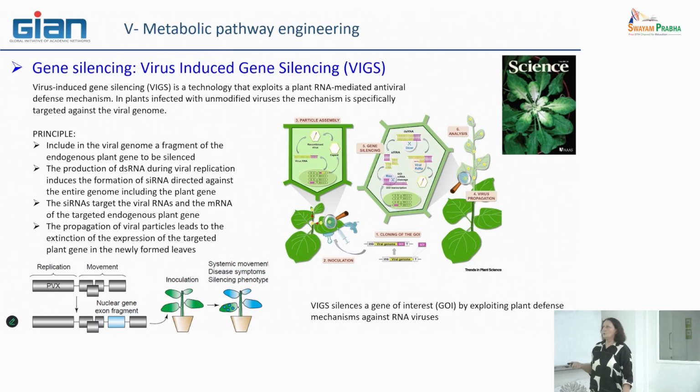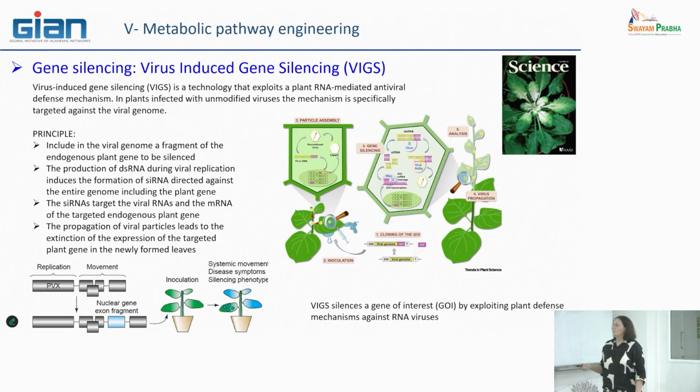So the principle is always the same. There is a double strand of RNA that is produced by the virus. This double strand is taken in charge always by the same system to produce small, okay, small single strands of RNA in this case. Okay. And this RNA targets the viral RNA and the mRNA of the targeted endogenous plant gene, depending on what we want to do.